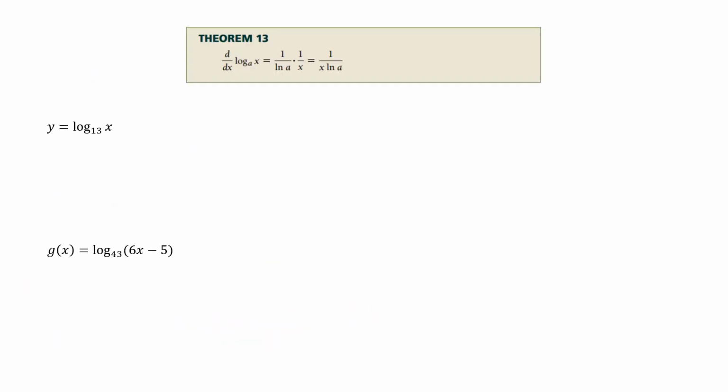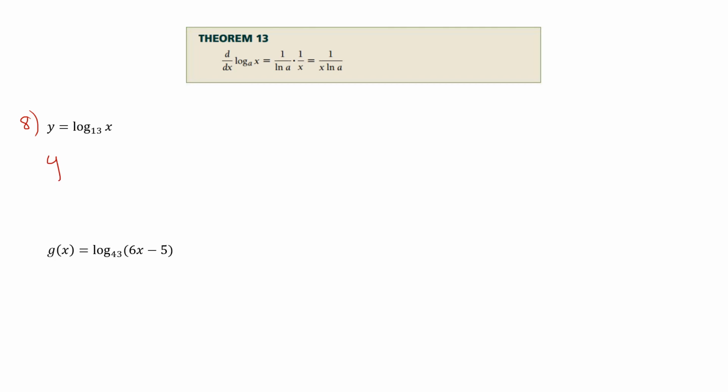Now we're going to look at Theorem 13, where we're doing the derivative of log base a of x. That's going to give us 1 over the natural log of a times 1 over x, or 1 over x natural log of a. So our next one, let's call this one 8. We have y equals log base 13 of x.